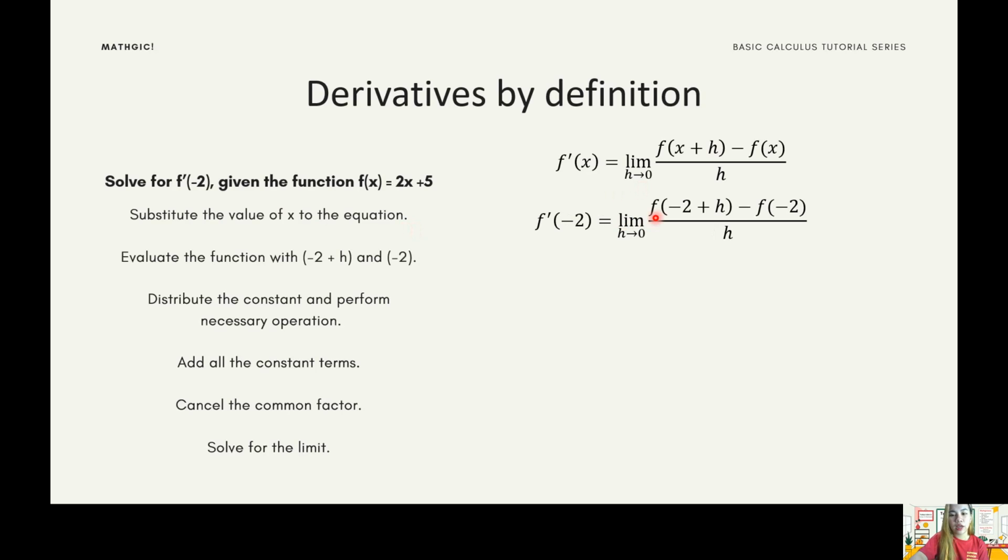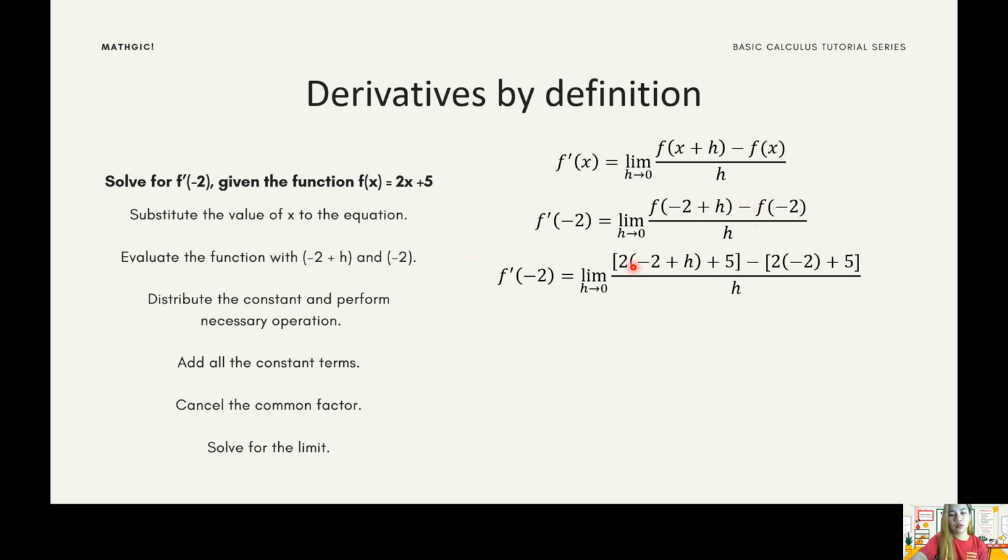we're gonna have f of negative 2 plus h minus f of negative 2. Then the second step, we have to evaluate the function with negative 2 plus h and negative 2. These are the ones being mentioned.